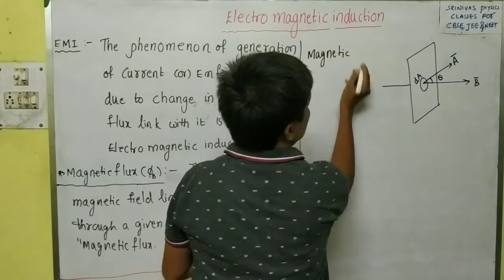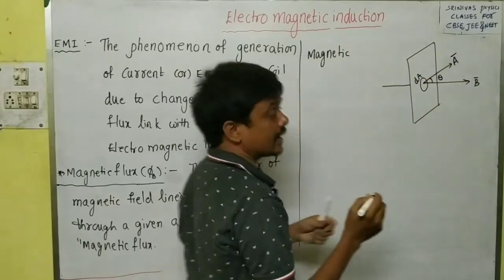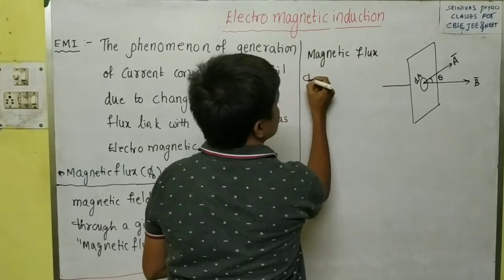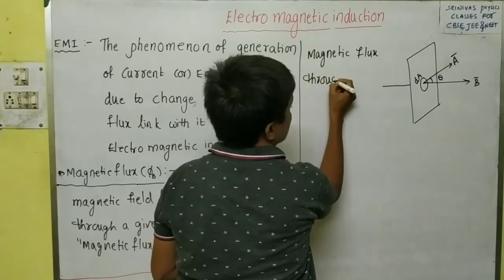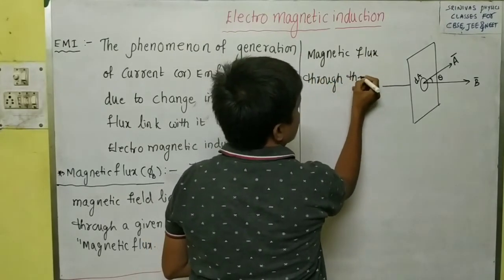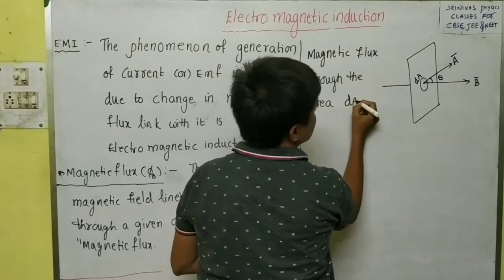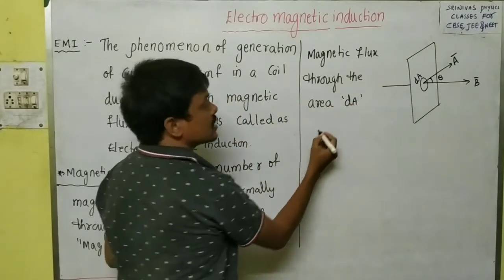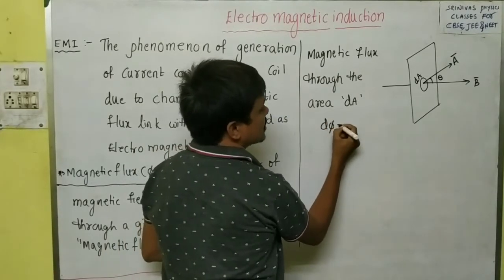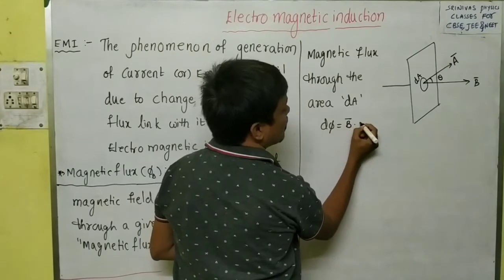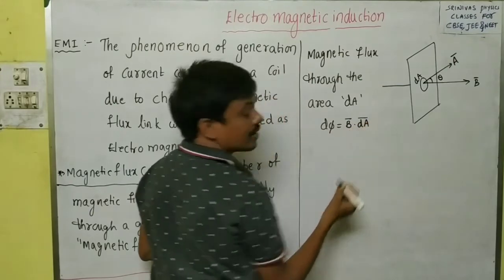Magnetic flux means how many lines pass through a certain area. The magnetic flux through the small area dA we write as B bar dot dA bar.